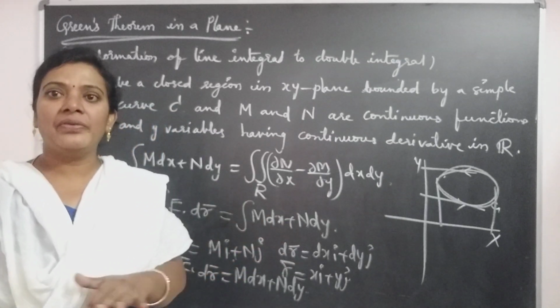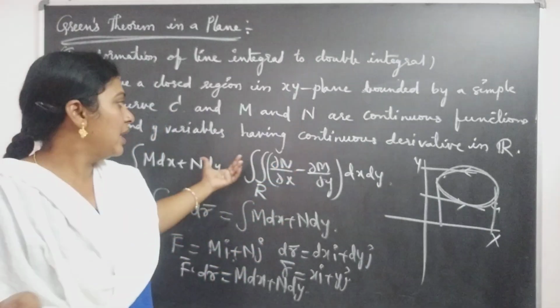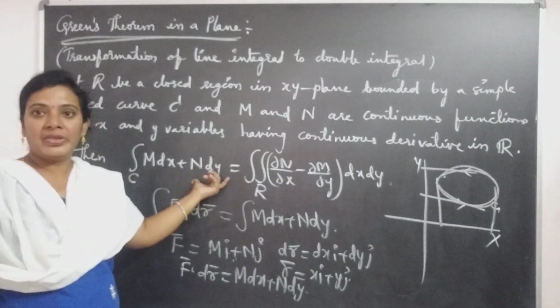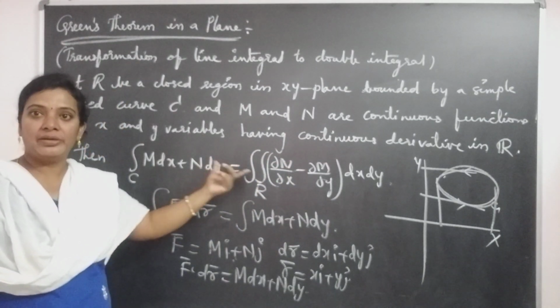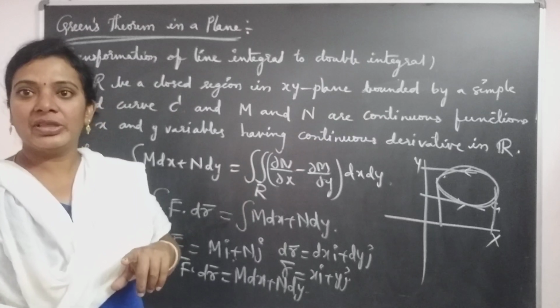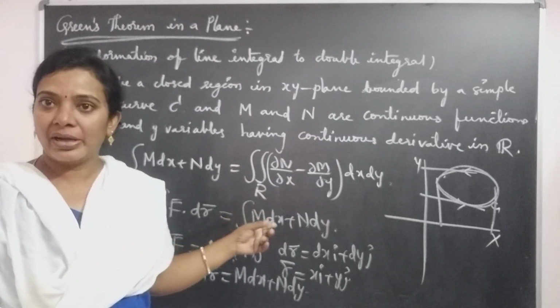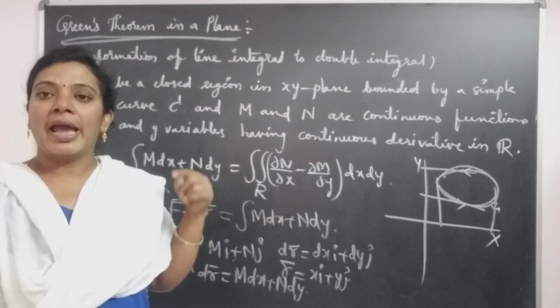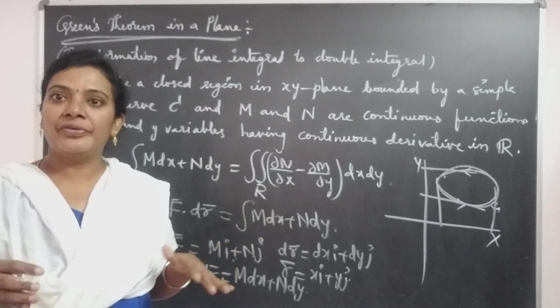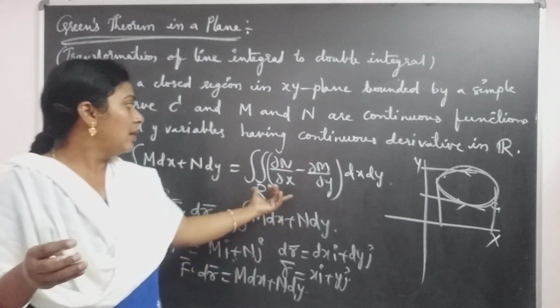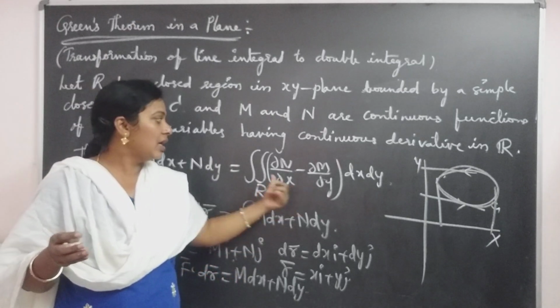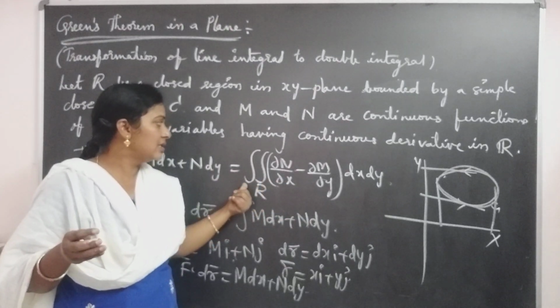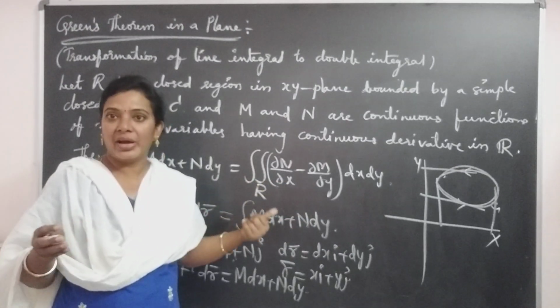Then as usual, we compare M dx plus N dy with the M and N functions and take the derivatives, with respect to x of the N function and with respect to y of the M function, and differentiate. Then we get the function, with one integral over x limits and one over y limits.